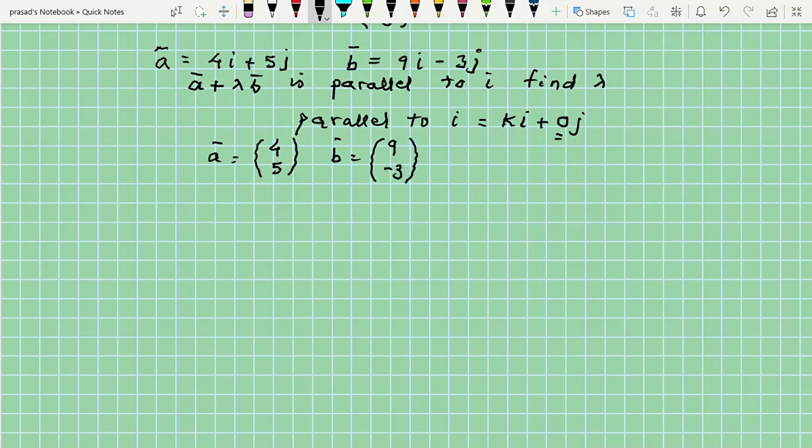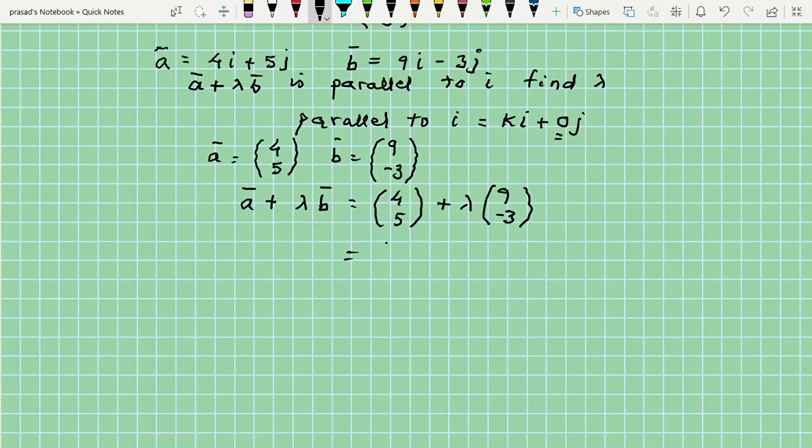So a bar plus lambda times b bar is (4, 5) plus lambda times (9, -3).